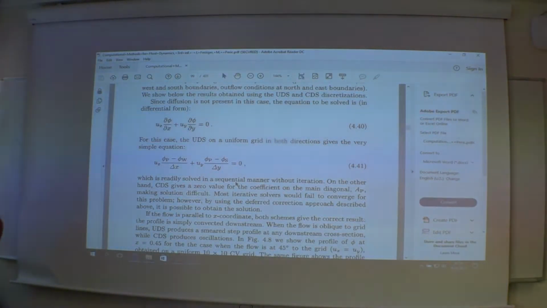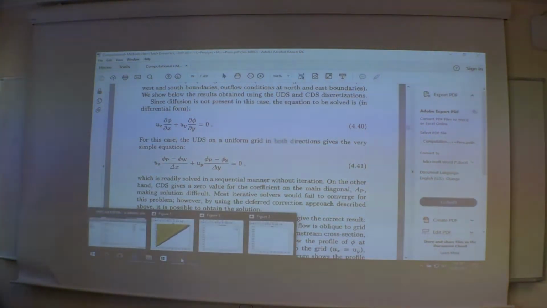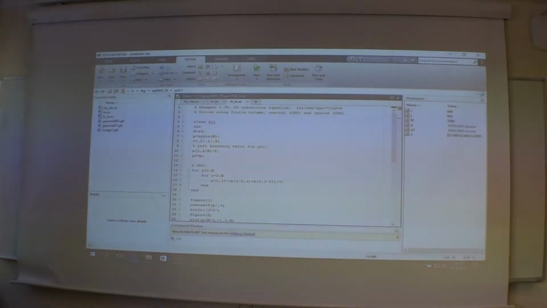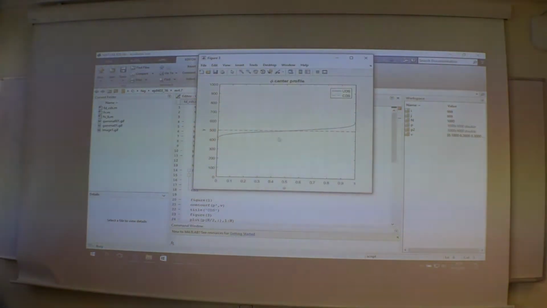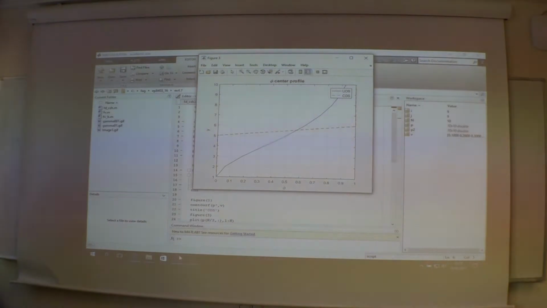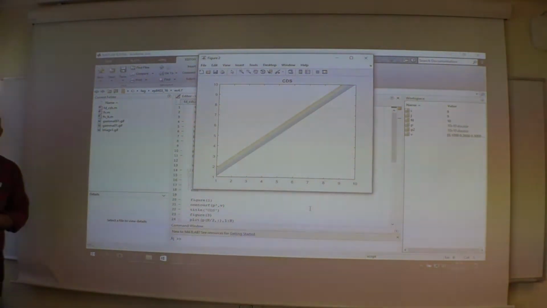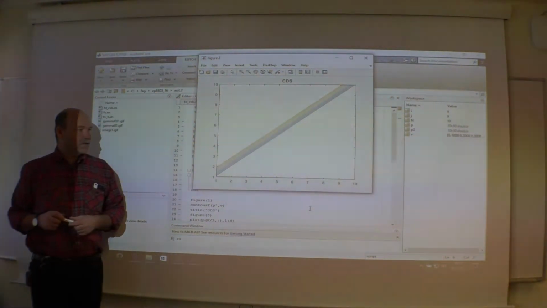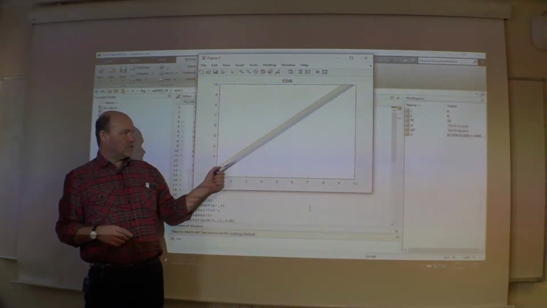And what do we get? Go back to 10. And we get something like this. Perfect. So yes, it's not diffusive at all. It's just perfect.